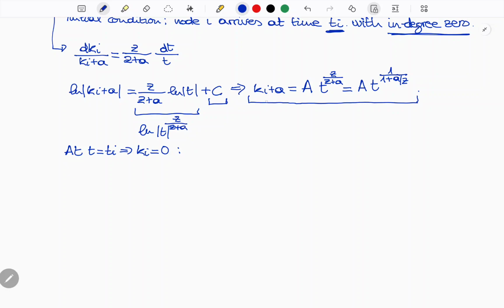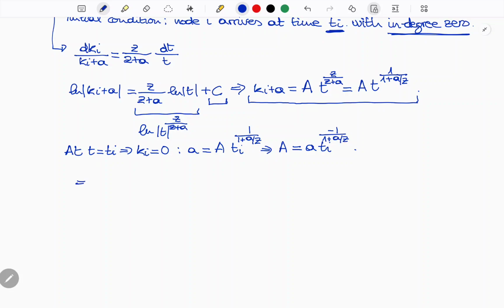From the previous expression, I find that a is equal to capital A times ti, because now I'm at time ti, to the power of 1 over 1 plus a over z. So capital A is equal to lowercase a times the same exponent but with a minus sign, because it is dividing. So this is the value of a.